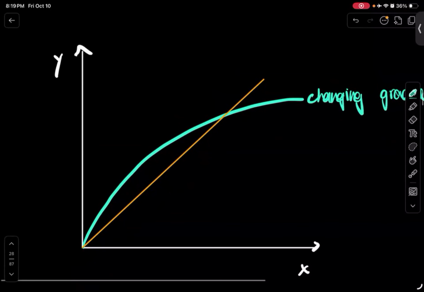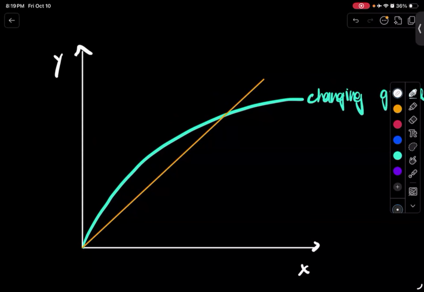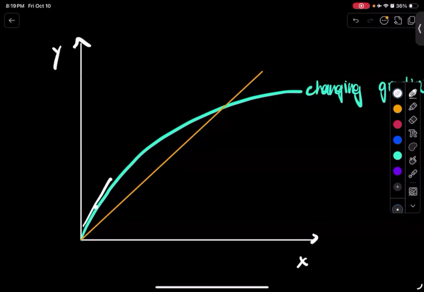Do you see that the slope is changing? Let's calculate the slope like this. For example, let's take this point. Isn't this the slope for the starting, right? Initially, the slope is steep. But what happens after a few seconds, a few points of x? Do you see that the slope is decreasing?